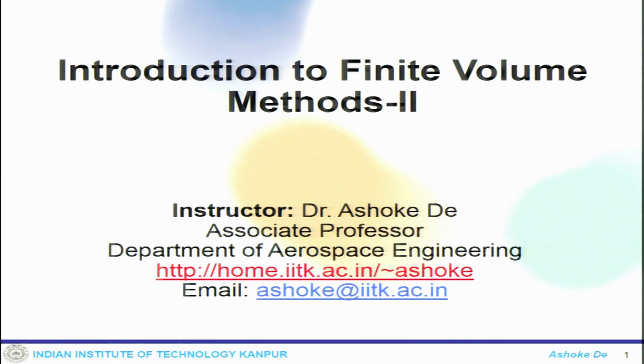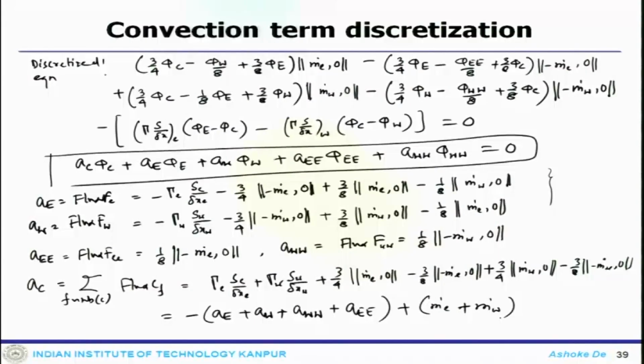Okay, so welcome back to the lecture series on finite volume, and this QUICK scheme. If you analyze the truncation error, it turns out to be 1/6 del x cubed minus 3/128 del x to the power 4 phi c 5 and so on.